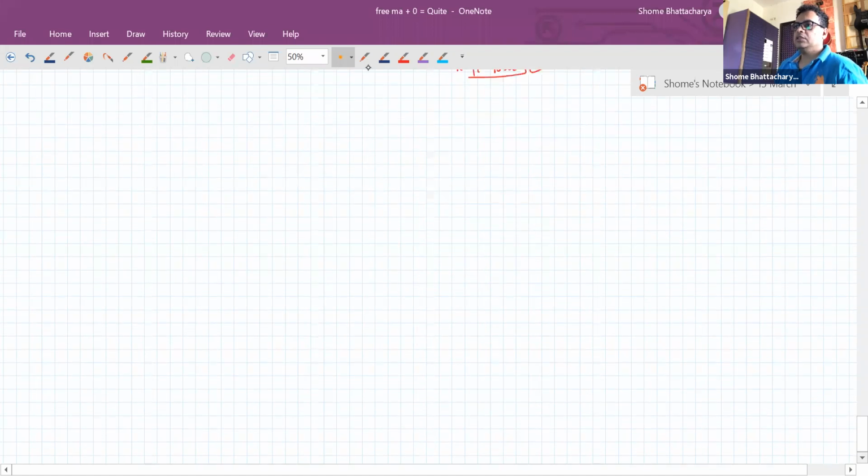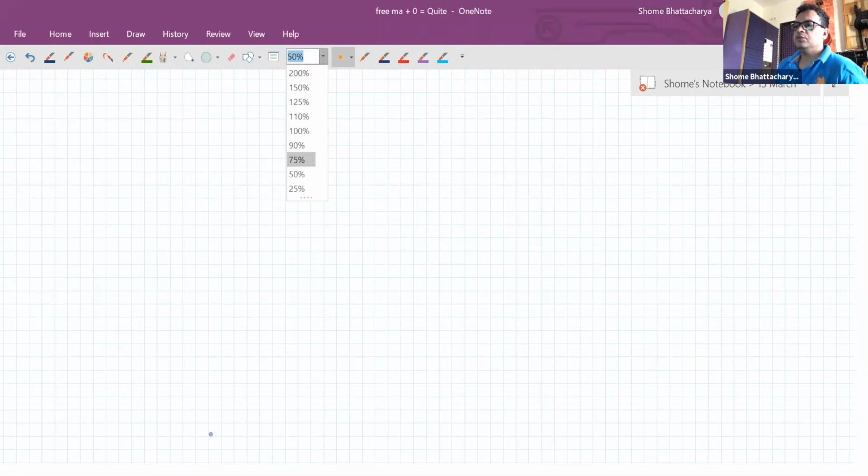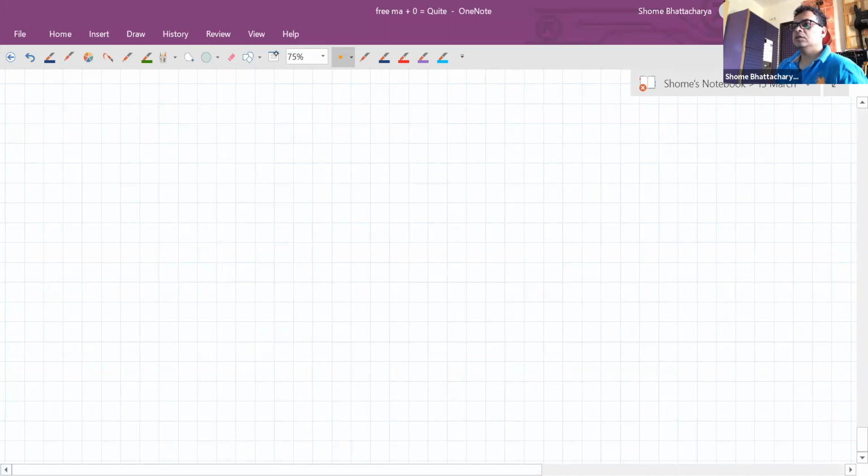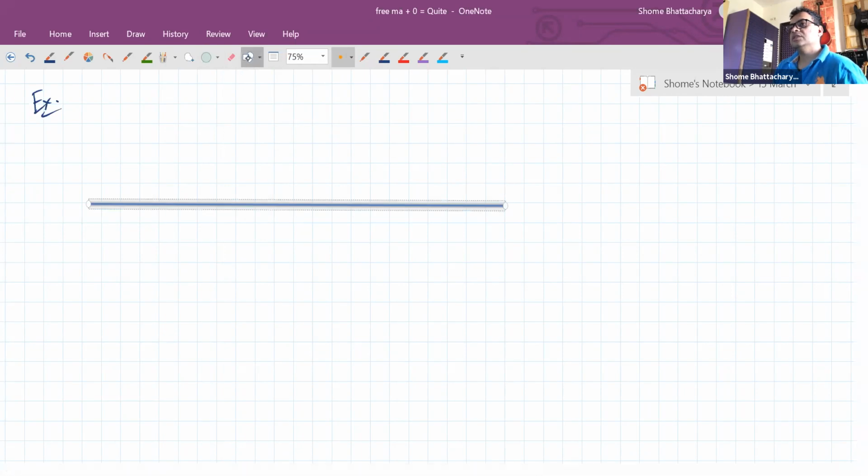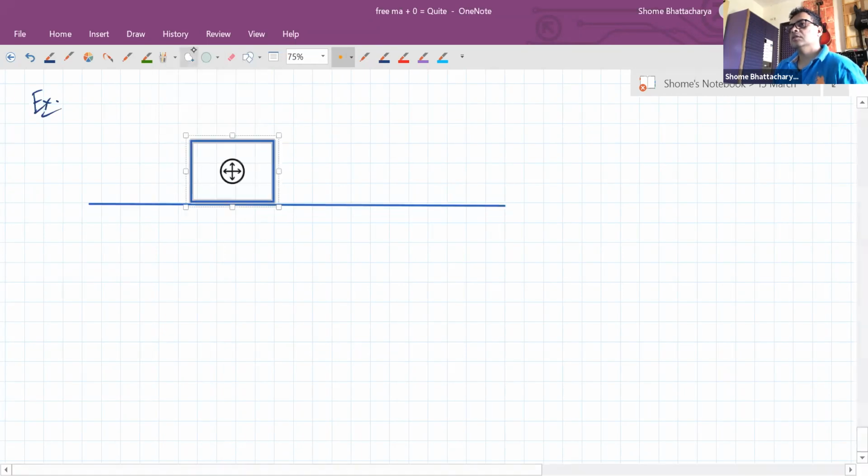Okay, now let's see more situations with friction involved. So now, for example, if we have a next situation like this, but this time I'm pulling the block with a force like this.